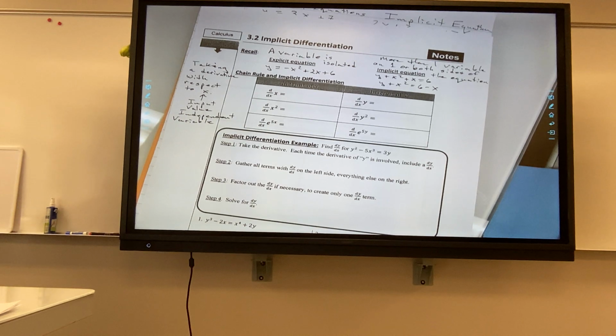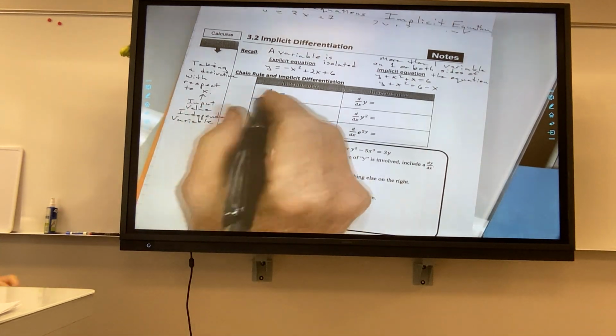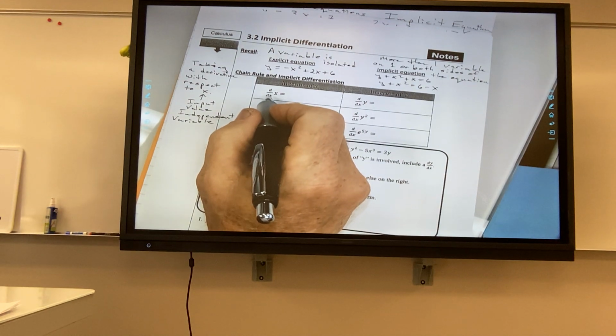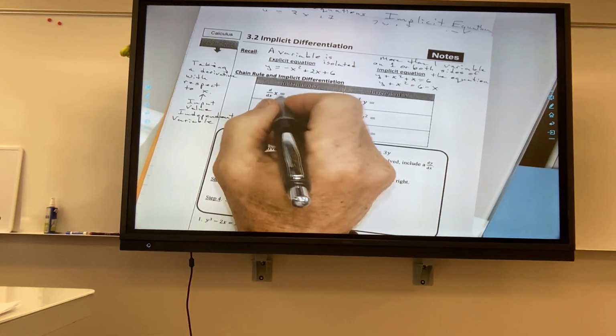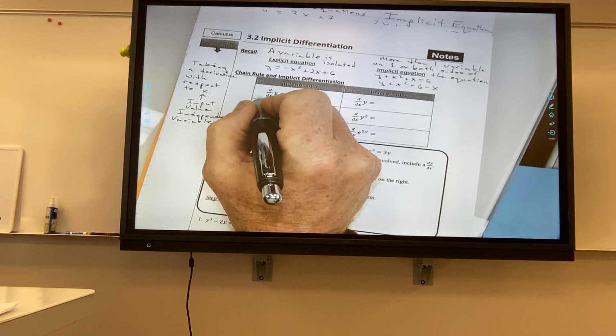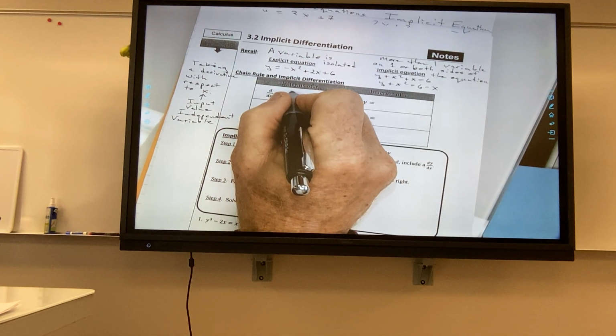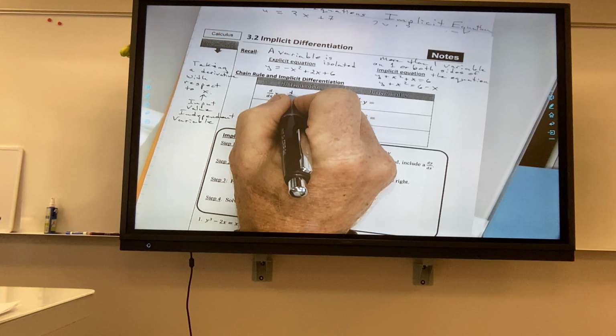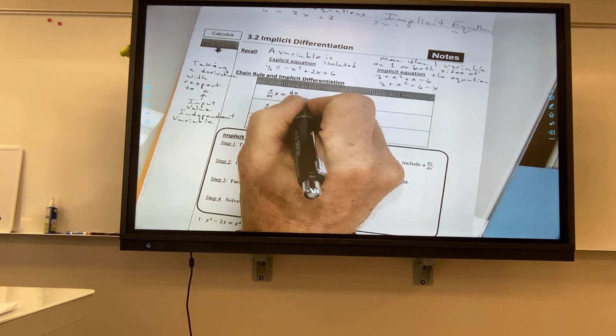Now, when we have an equation, what we're really doing is we're taking the derivative of every variable with respect to x. In other words, when I take the derivative of x, I am taking the derivative of x with respect to x. In other words, I could, if I wanted to, write dx over dx.